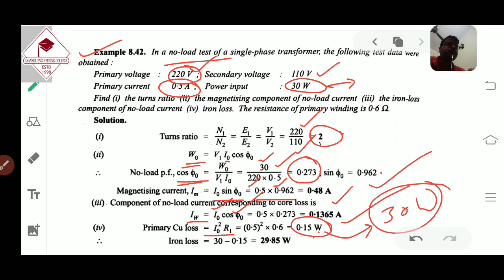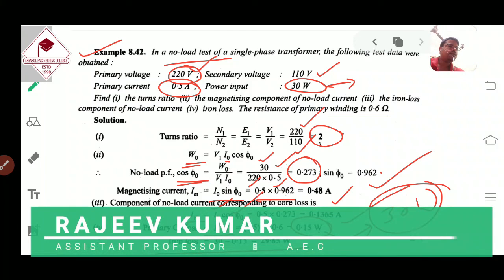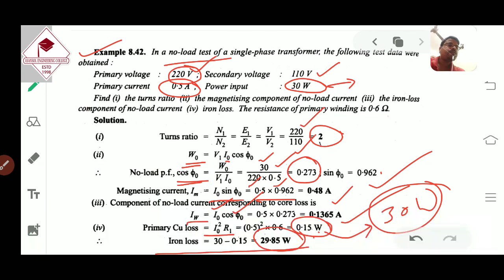So this is the accurate value actually. So accurate iron loss will be this one, just subtract this one. So 29.85 is the actual iron loss, fine. So see, there is no real difference between these two, very low. So that is why we consider this 30 watt as the core loss as a whole, fine.